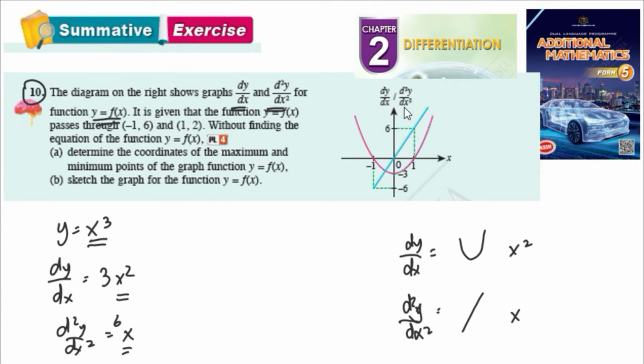So obviously with dy over dx and d square y over dx square, the more you differentiate, the less x. So dy over dx is the graph of a quadratic and d square y over dx square is the straight line. So we know that our y is the cubic function graph.